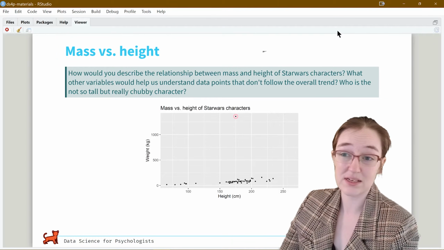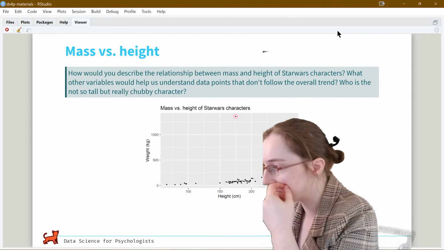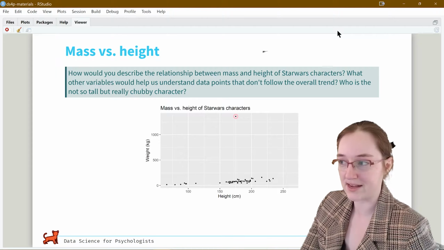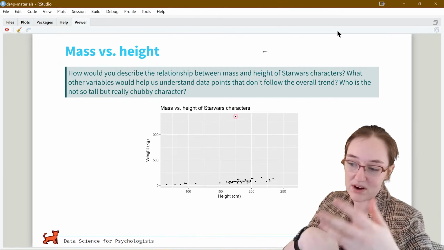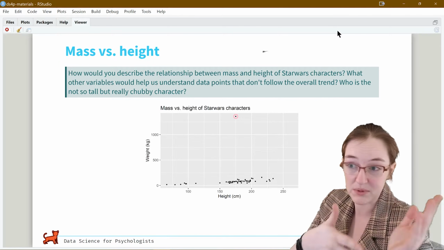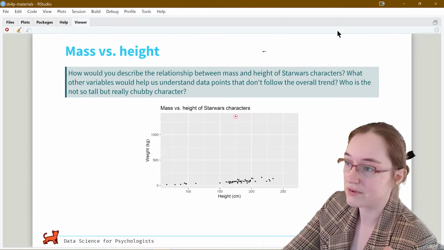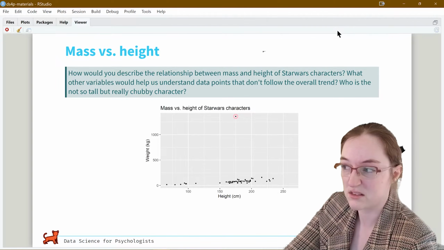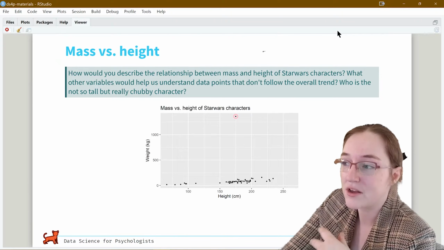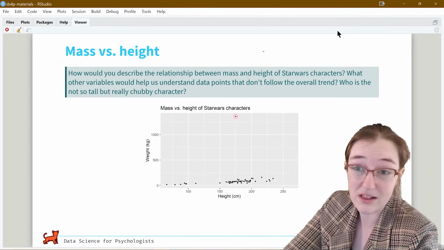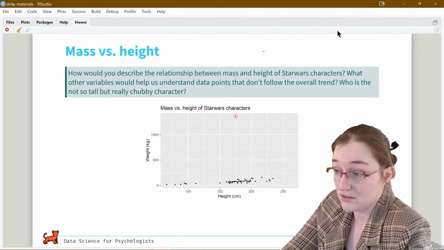Okay, so let's poke around in there. I know I did this with the height one, but I want to show you again with a different data set so that you see that the process isn't the same each time. So how would you describe the relationship between mass and height in Star Wars characters? What other variables could we use to understand data points that don't follow a basic trend?